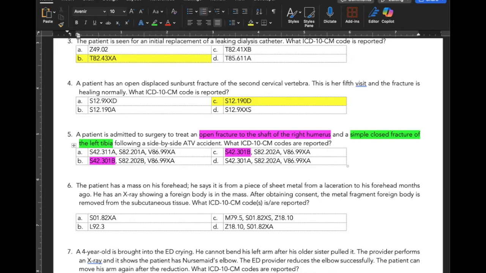Okay. And then it's on the left. So it's going to be 202. And then what's our seventh character for closed?